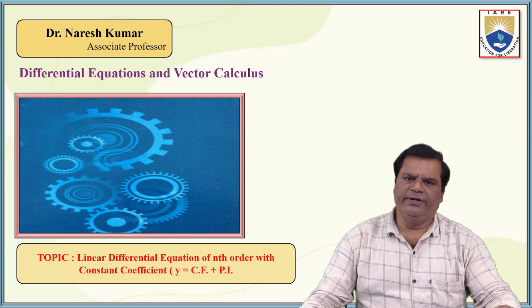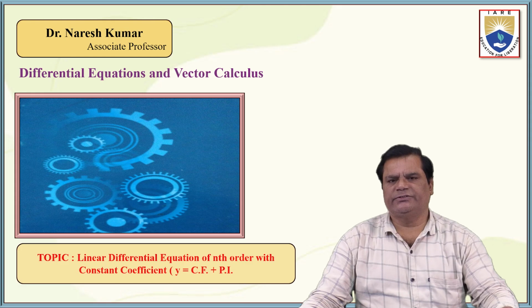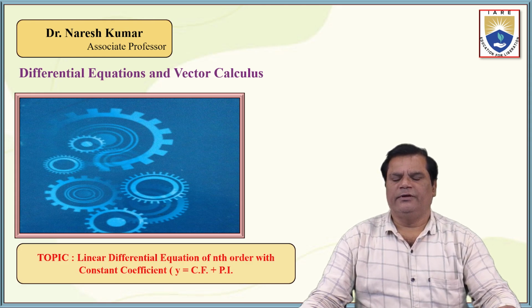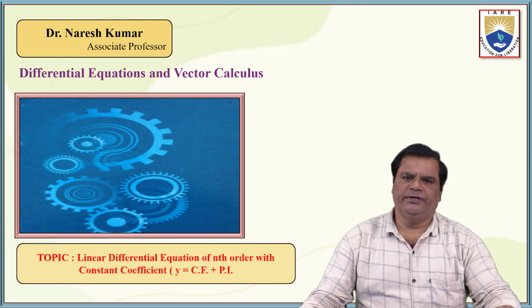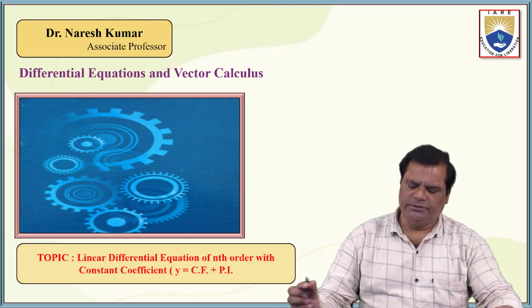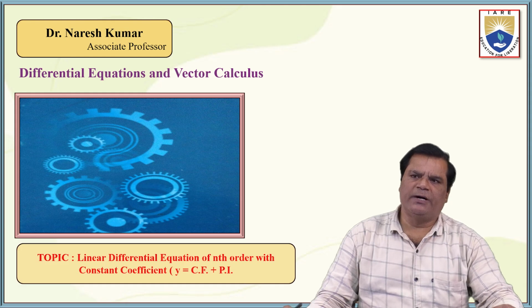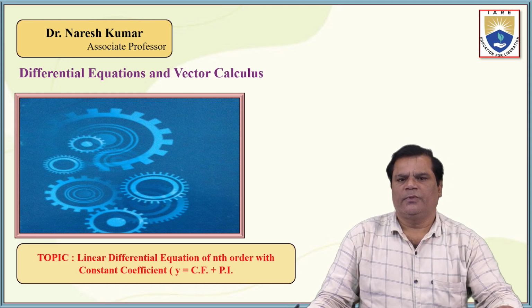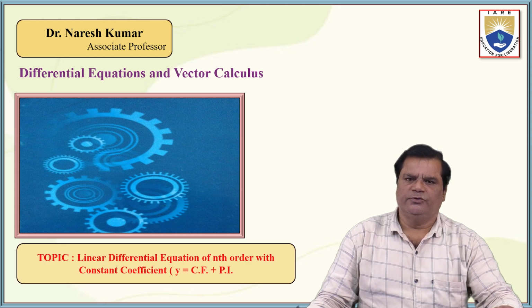So here we discuss a special case, case 7, in which the value of Q is in standard form, that is Q is equal to e to the power ax into v. e to the power ax is the first function and v is the second function. Both functions are multiplied. We have already discussed in case 6, there also the exponential function e to the power ax is present.